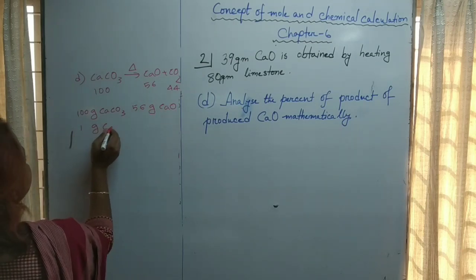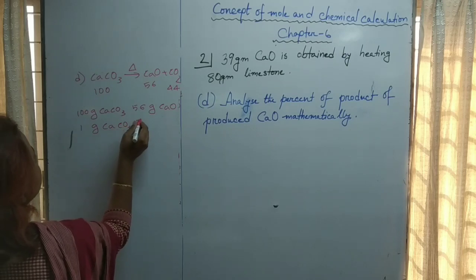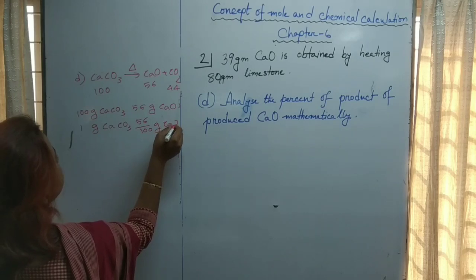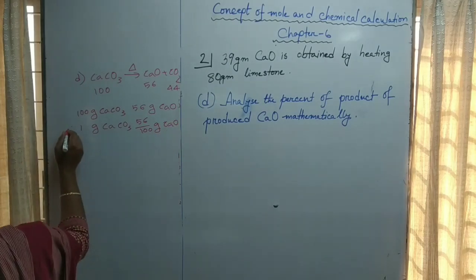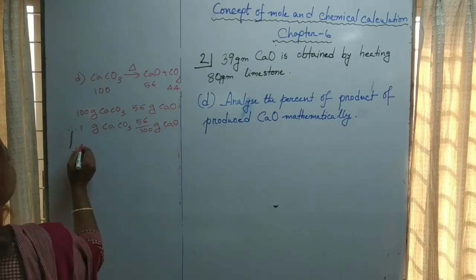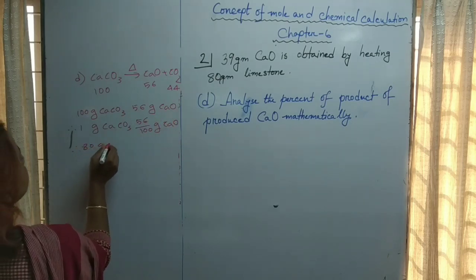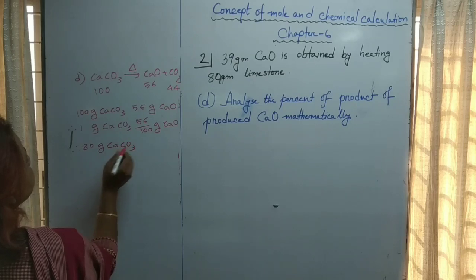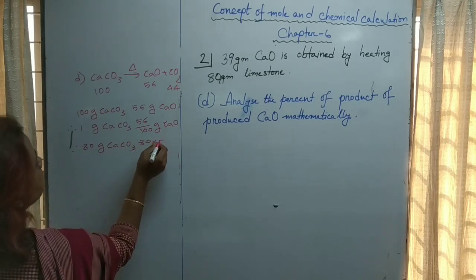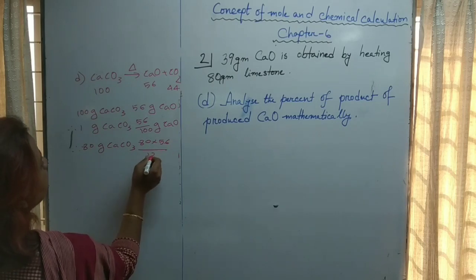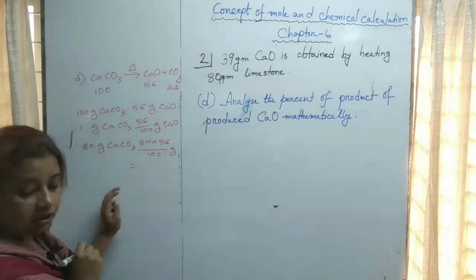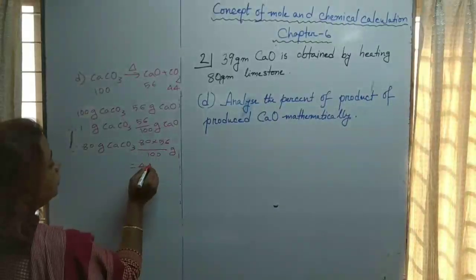Therefore, from 1 gram calcium carbonate, 56 by 100 gram calcium oxide is obtained. Therefore, from 80 gram calcium carbonate, as 80 gram has been given, how much are we getting? 44.8 gram.